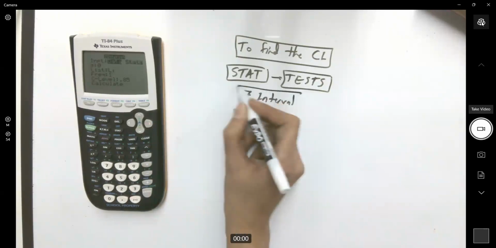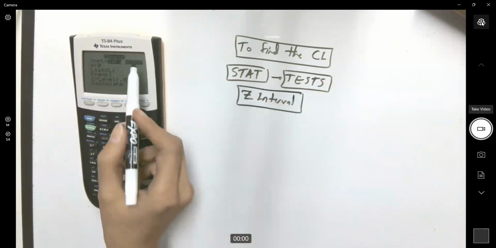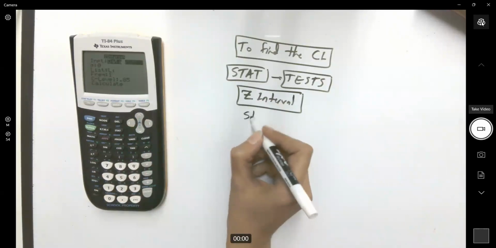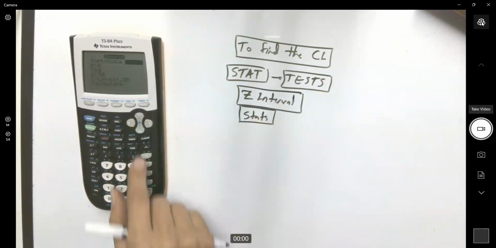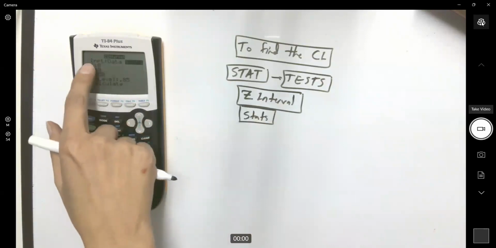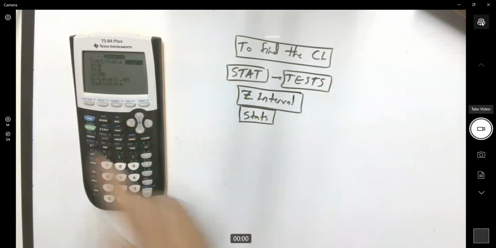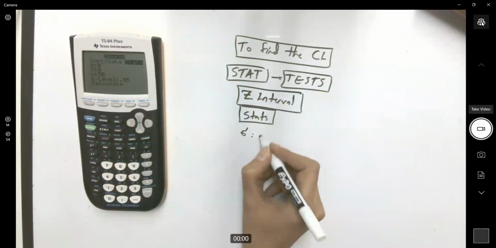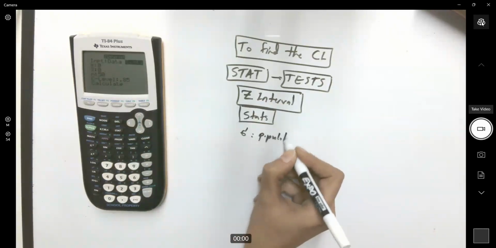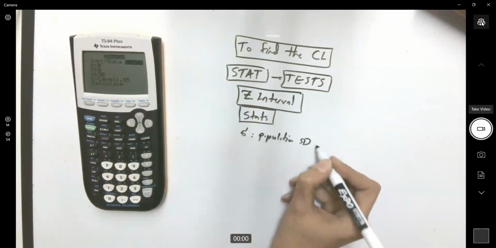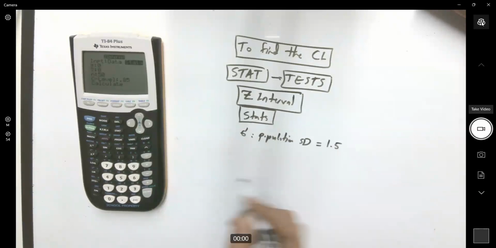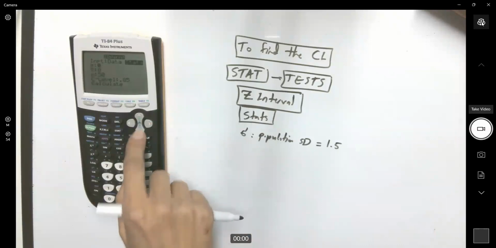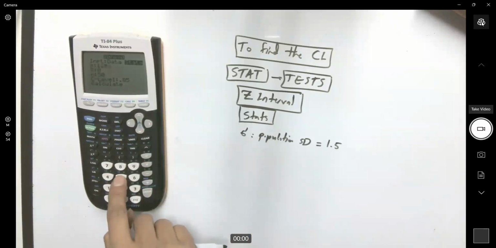After finding Z interval, click on stats. After clicking on stats, you need to enter information here. What is sigma? Sigma is the population standard deviation, which in this example is given to us as 1.5. Then you need to type it down, 1.5.